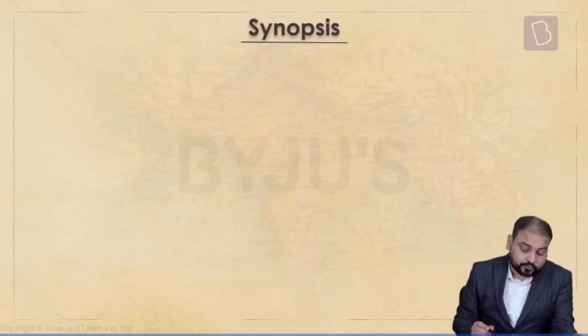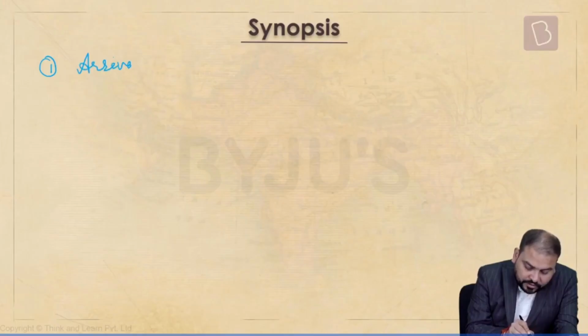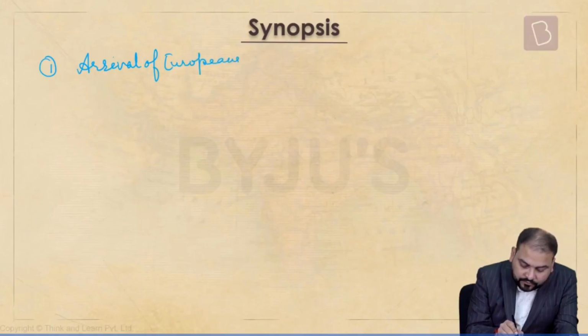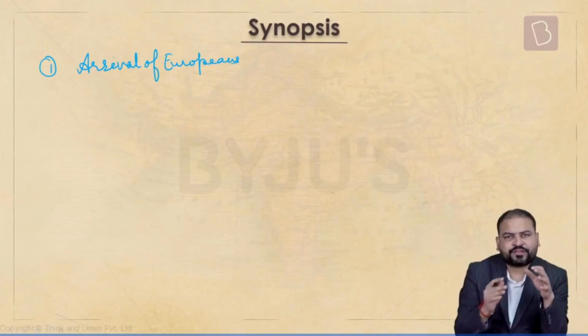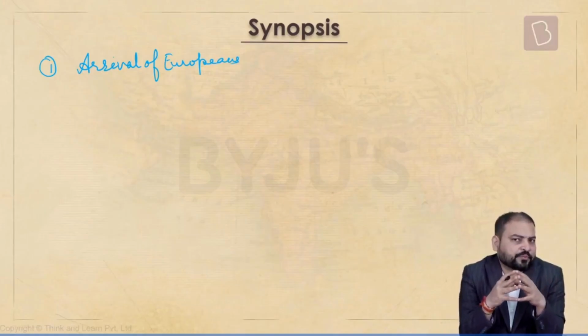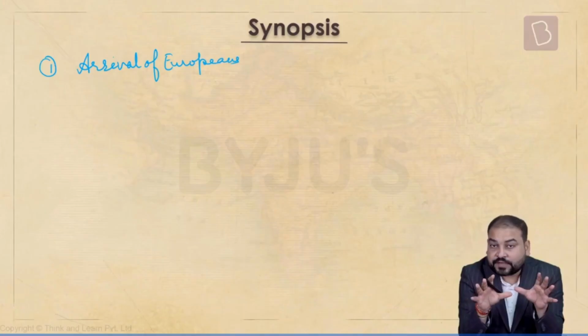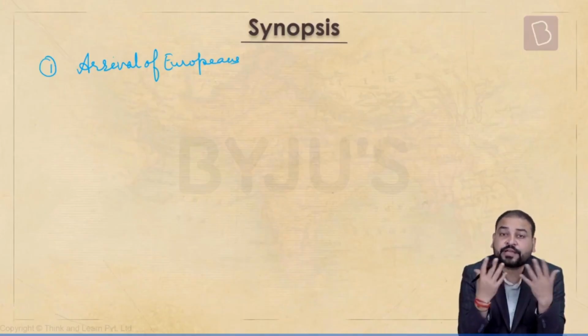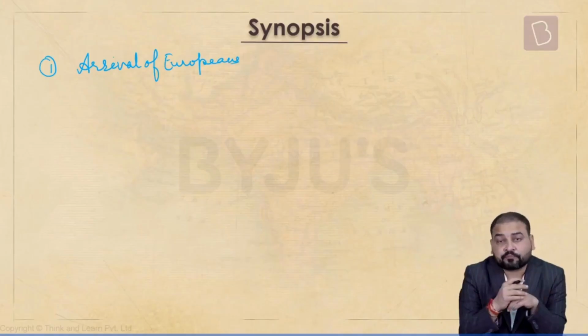Now, as I told you, we are going to start this syllabus discussion with the arrival of Europeans. Though it's more of a medieval history topic, why we are doing it, as I had said earlier also, is so that we have an idea about who all had come.